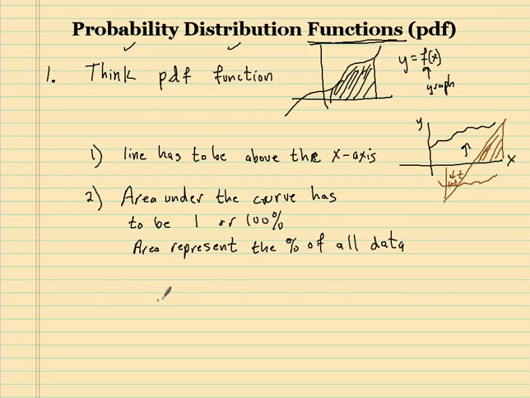So let me show you a very basic example. Let's just say I have this histogram, okay? And it kind of goes like this, maybe like this, and like this. Let's say it starts at 0 and goes to 3. So this could be like 1, 2, and 3.